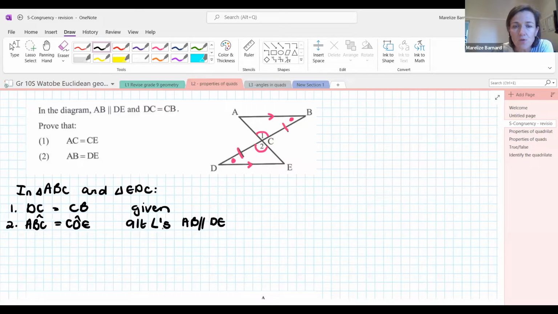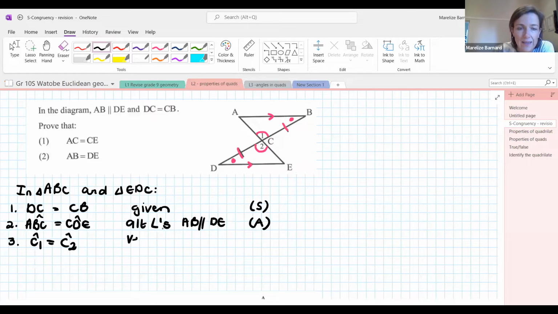Don't confuse the two. I think some people were thinking that AB is equal to DE. AB is not equal to DE. They are parallel, and that gives you the alternate angles. Okay, so far we've got a side and an angle, and then lastly we're going to do angle C1 is equal to angle C2.